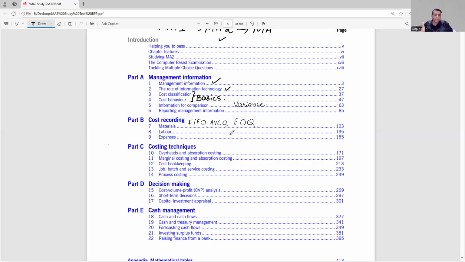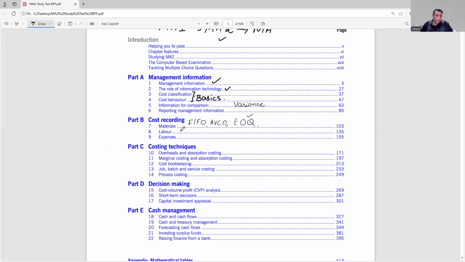These are the topics which are part of this material. It is important for the exams, especially all the new topics: EOQ with bulk discount, maximum inventory level, and minimum inventory level. These are the important topics.